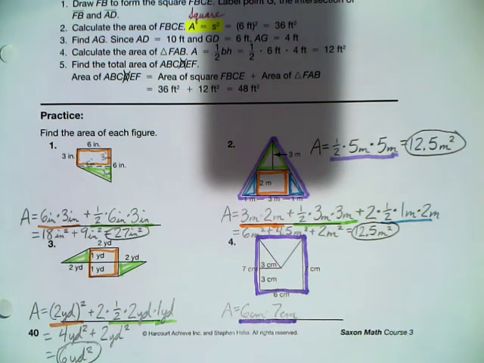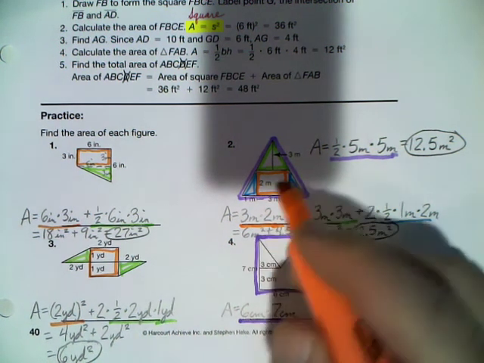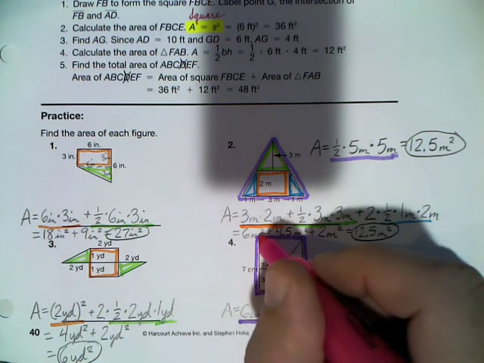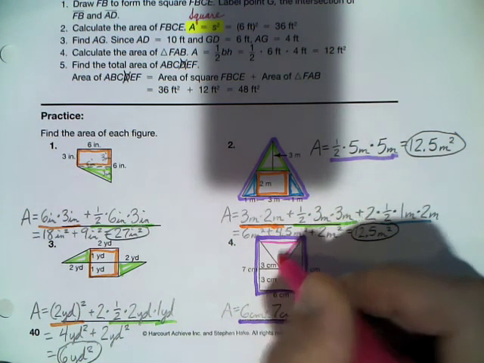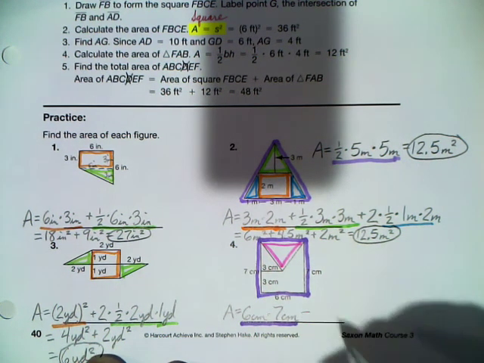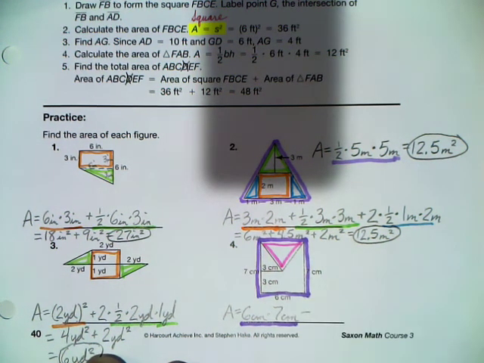Now, in order to get this figure, though, I have to cut out, you know what, pink sounds like a good cutout color. It's the closest thing I have to red. If we cut out this triangle here, so subtract it, we'll have the area of the figure.